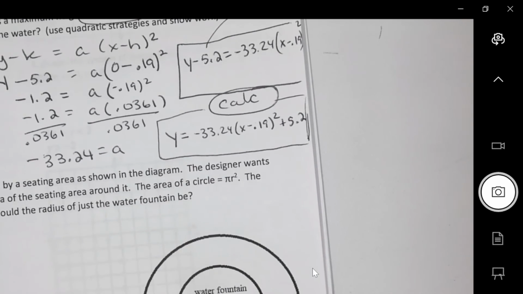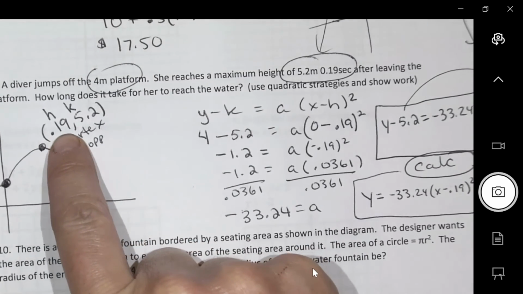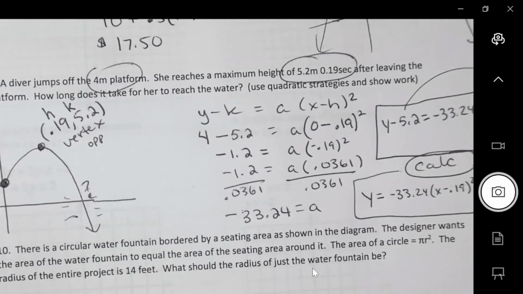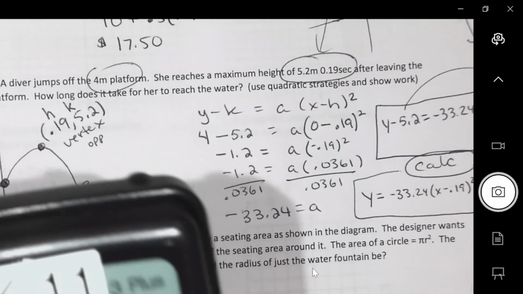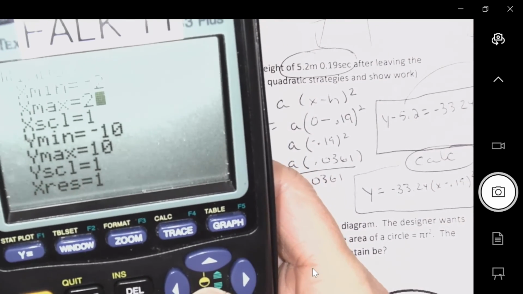Okay, my window is going to be a lot different than we just last had. So the window, think about this x value. This x value is 0.19. So my x's, I'm going to go from, I don't know, -2 to 2. I'm not going to do much x.